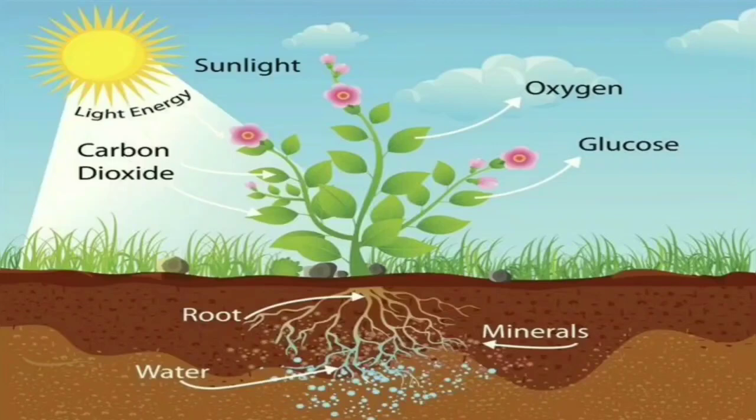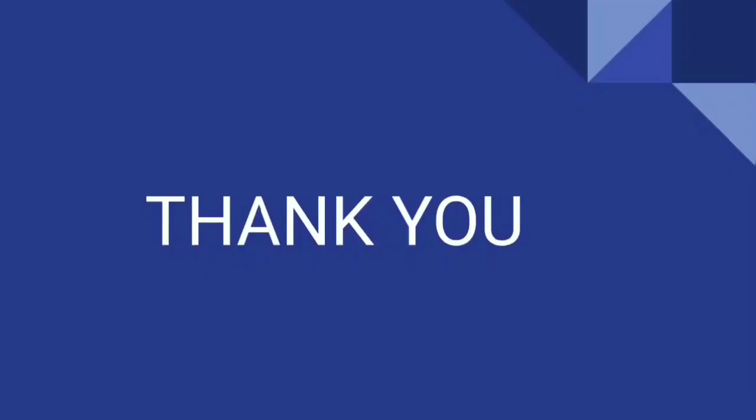Plant is taking carbon dioxide from the atmosphere. Roots are taking minerals and water from the soil. And by the process of photosynthesis, oxygen and glucose are released. Glucose is sugar. So that is all about photosynthesis.